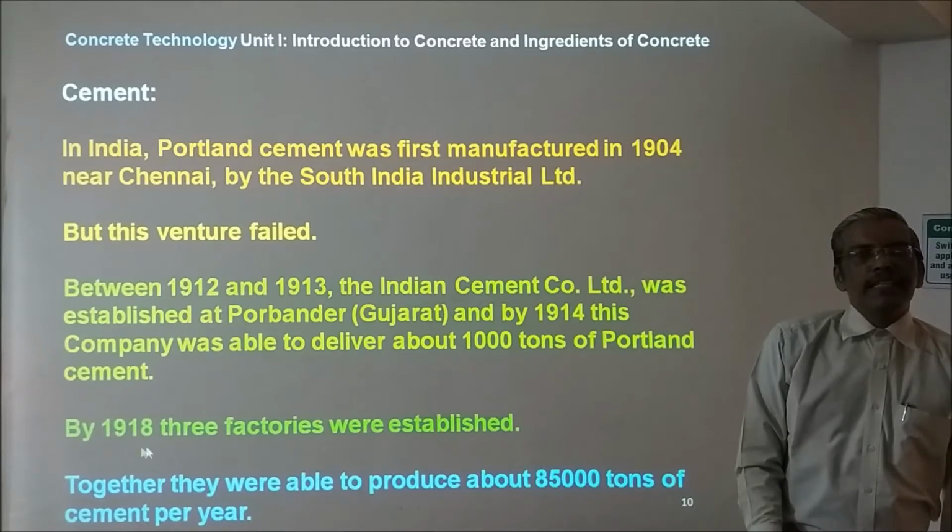By 1980, 3 factories were established in India. Together, they were able to produce about 850,000 tons of cement per year.